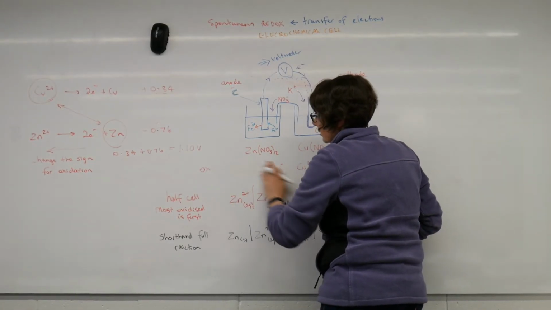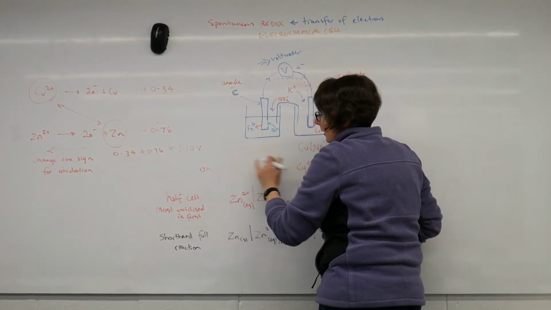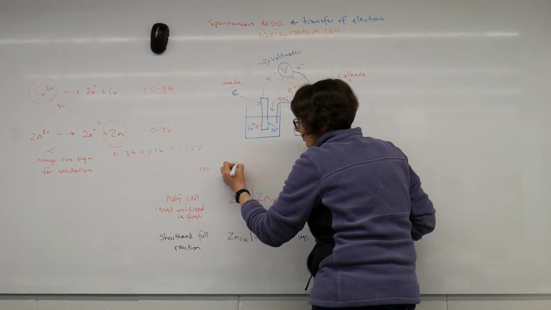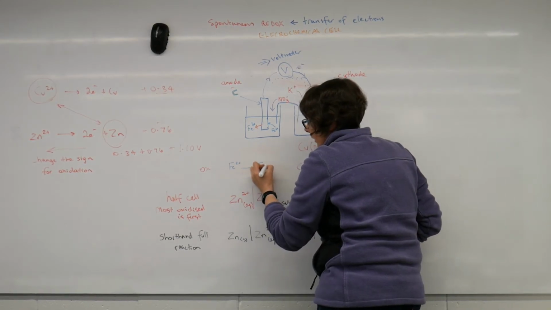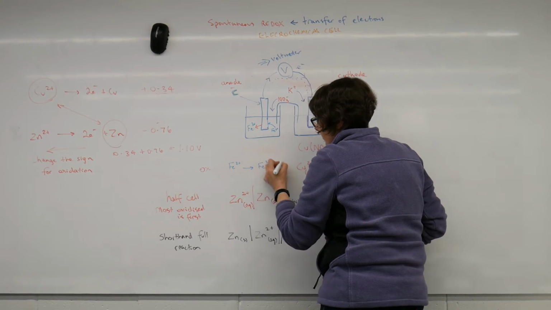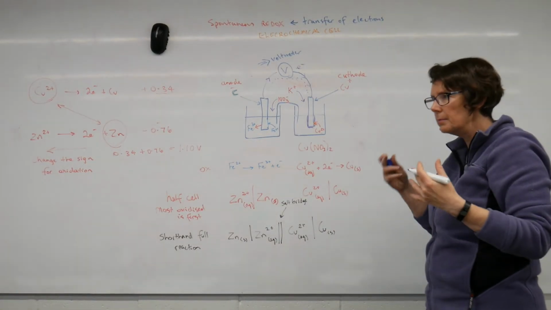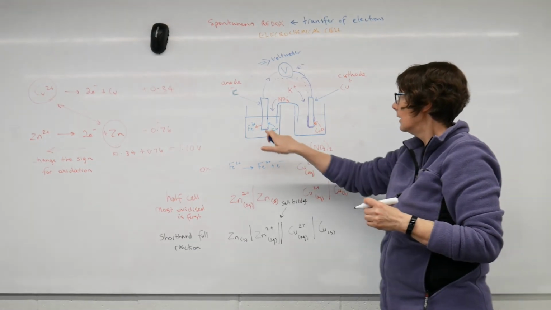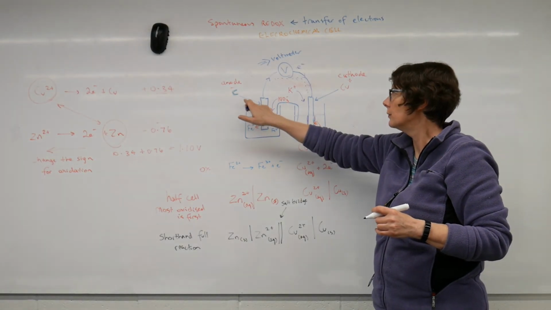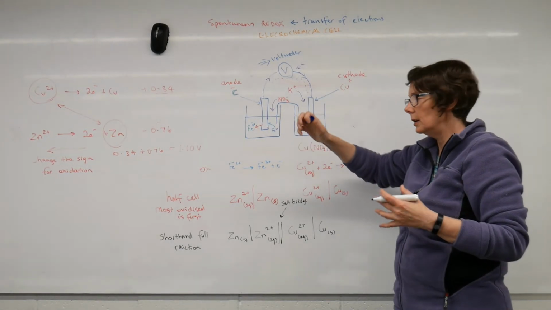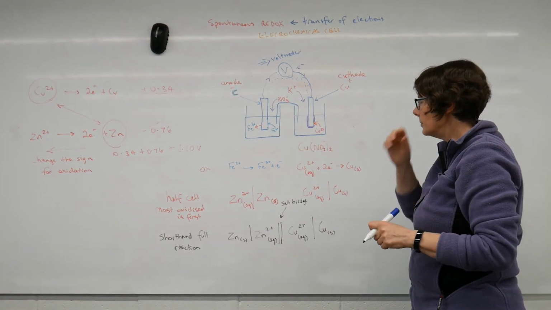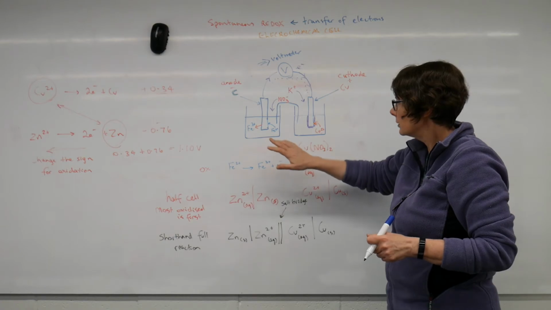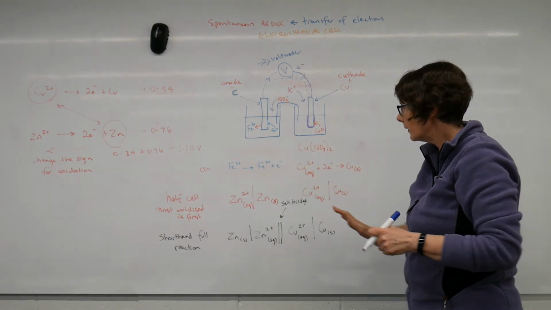My oxidation equation would then be Fe2+ goes to Fe3+ plus an electron. Does that make sense? So all I've done is I've swapped out the metal electrode for an inert, in this case I've represented it as carbon electrode, so that oxidation can still occur.